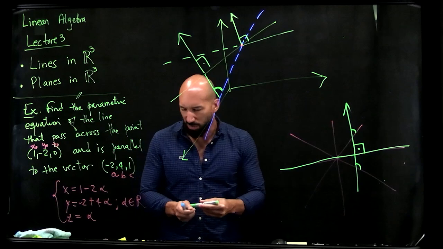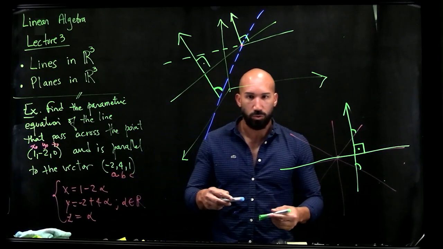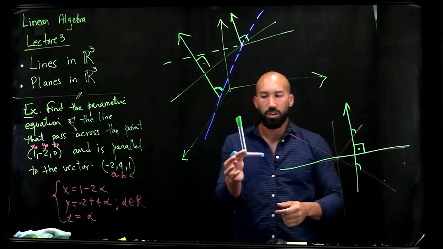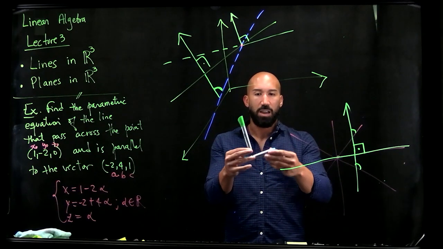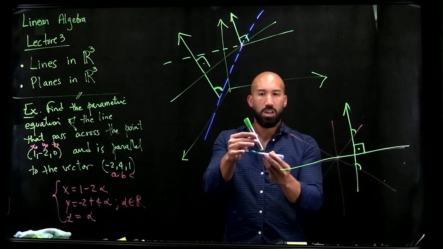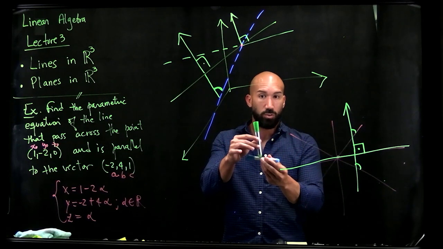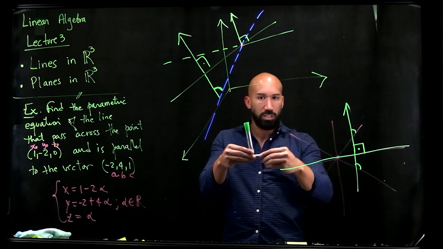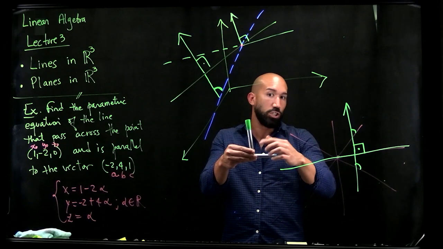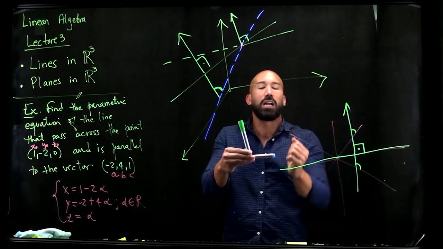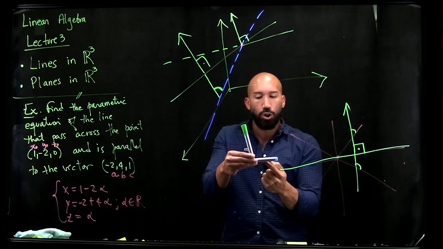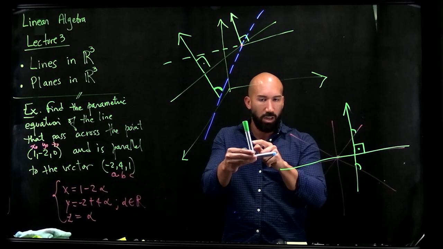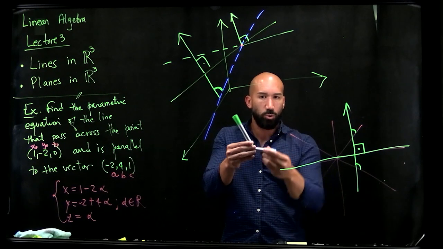Let me do it with these markers for you to understand what I mean. I have my orthogonal vector here for this line. If I move my line this way, I'm changing the angle, so this vector is determining the line according to this direction. I cannot move it this way because I'm going to change the angle, so I cannot obtain another line passing across this point and forming an angle of 90 degrees if I do this.